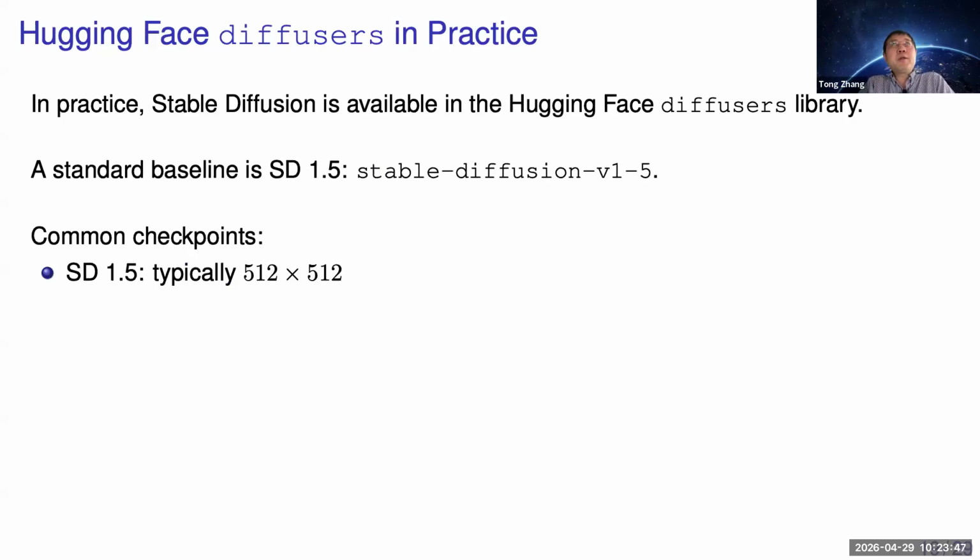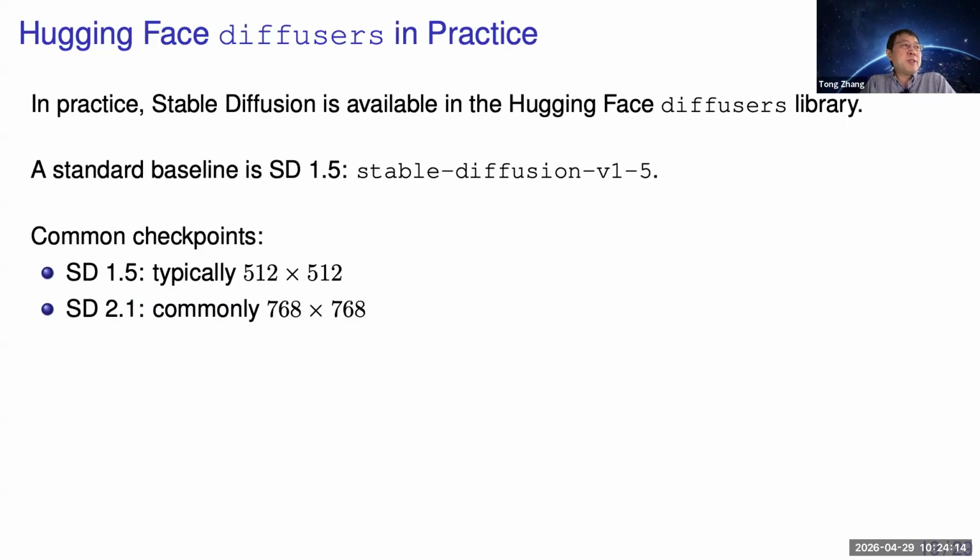In the homework, we probably do smaller, like 256, just to save computation. Here in the notebook, we do 512 for better illustration. Stable diffusion 1.5 is typically used for research purposes. If you really want to use it commercially, then usually you do something more.